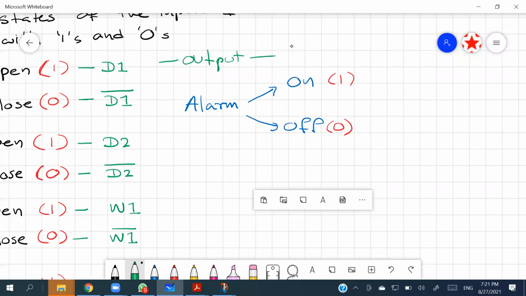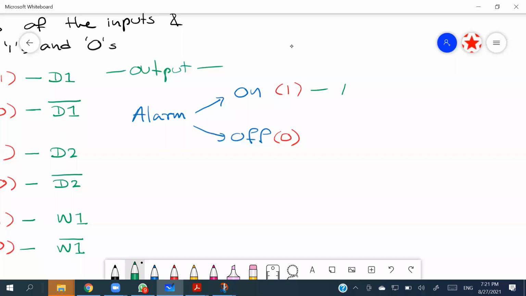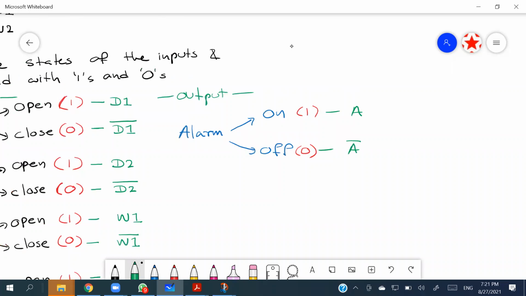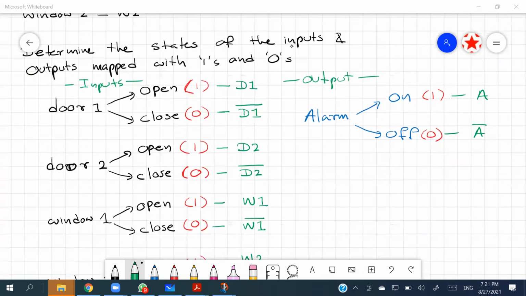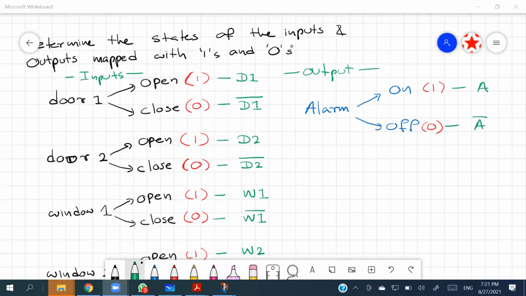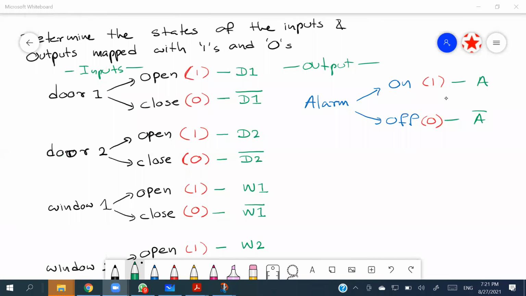And for the alarm, I can take 1 as A, 0 as A bar. Did you get that, people? Yes, great.